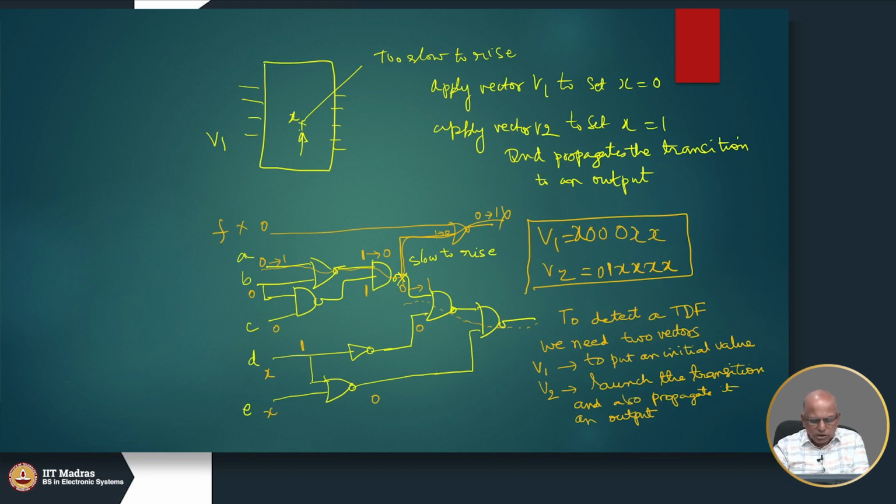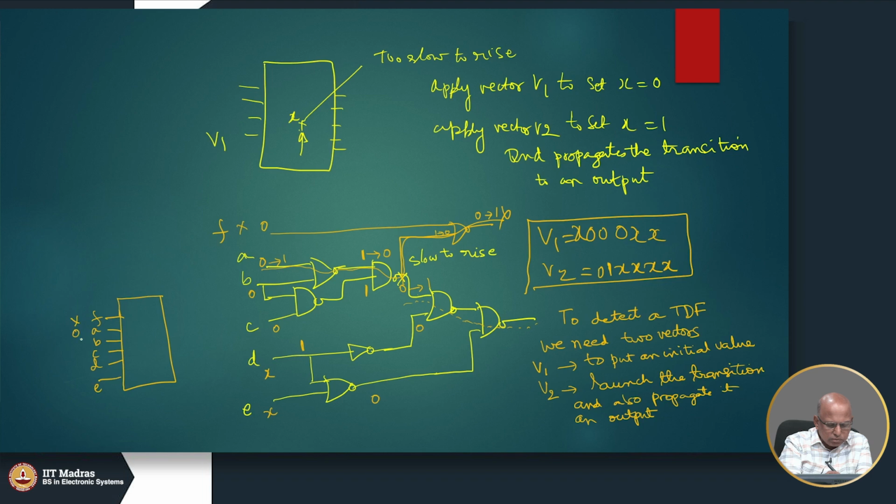So how do we actually test? In this example, we will apply F, A, B, C, D, E. We will apply X here. X means it could be either 0 or 1.